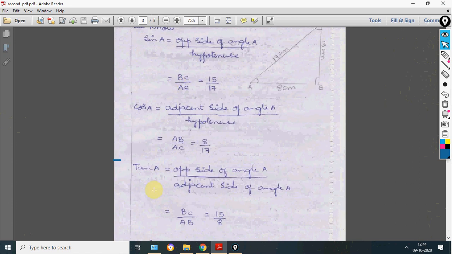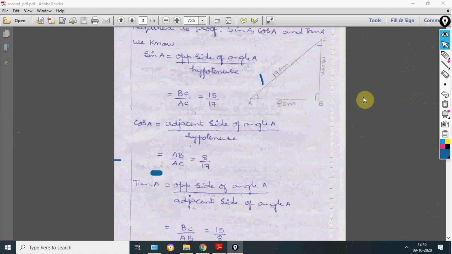Next, what we have to find? Tan A. What is tan A? We know the formula of tan A: opposite side by adjacent side. For angle A, where is angle A? Here. What is the opposite side? This one, BC.